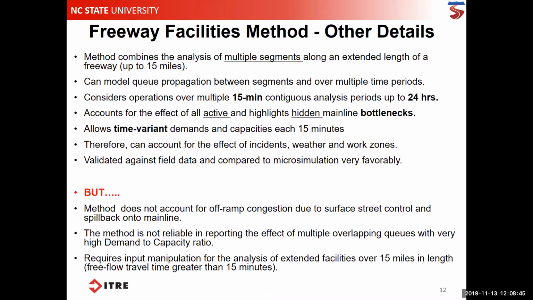We do model the queue propagation. We consider operation over individual 15 minutes up to 24 hours, which is important when you do reliability analysis. We do account for the effect of active and hidden bottlenecks. And more importantly, we do allow for time variant demand and capacity on the facility.